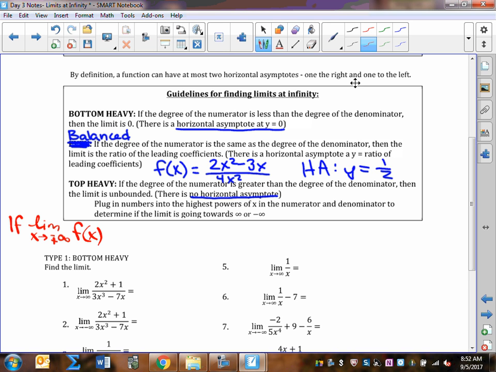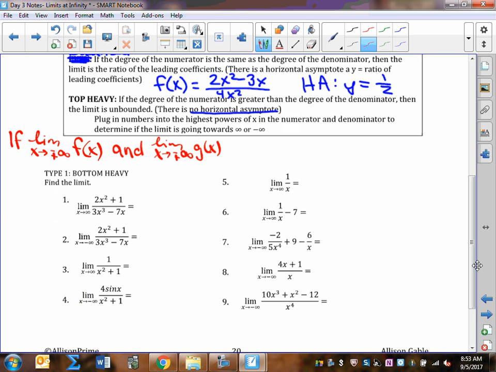So if the limit as x approaches positive or negative infinity of f of x, and the same for g of x, exist, so this is really starting off the same as our other properties, except before our property said the limit as x approaches c, a single numerical value.